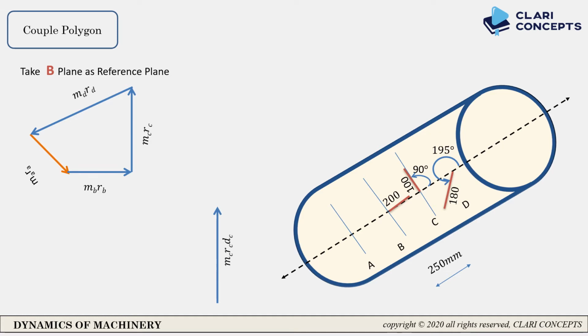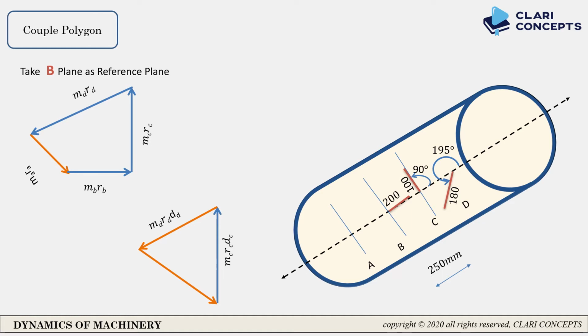So here the couple is mc rc dc, which shows the couple produced in plane C, where dc is the distance from B to C, and the angle is 90 from the reference plane B. Now here md rd dd shows the couple produced in plane D, where dd is the distance between plane B and plane D. Now you can join these two by using one arrow.